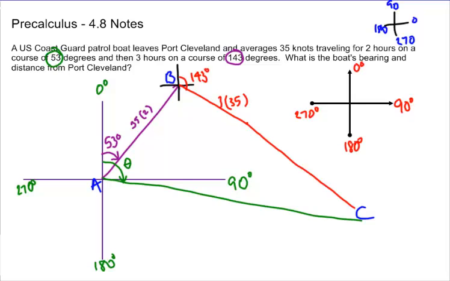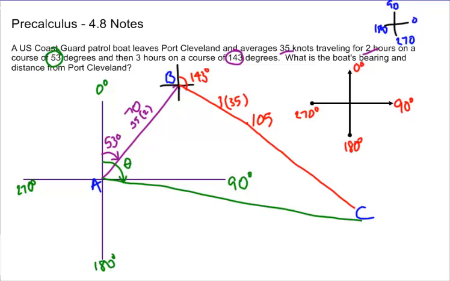If you travel at 35 knots for 2 hours, you have a distance of 70 nautical miles. If you travel at 35 knots for 3 hours, you have a distance of 105 nautical miles. That's your length for the purple and the red.